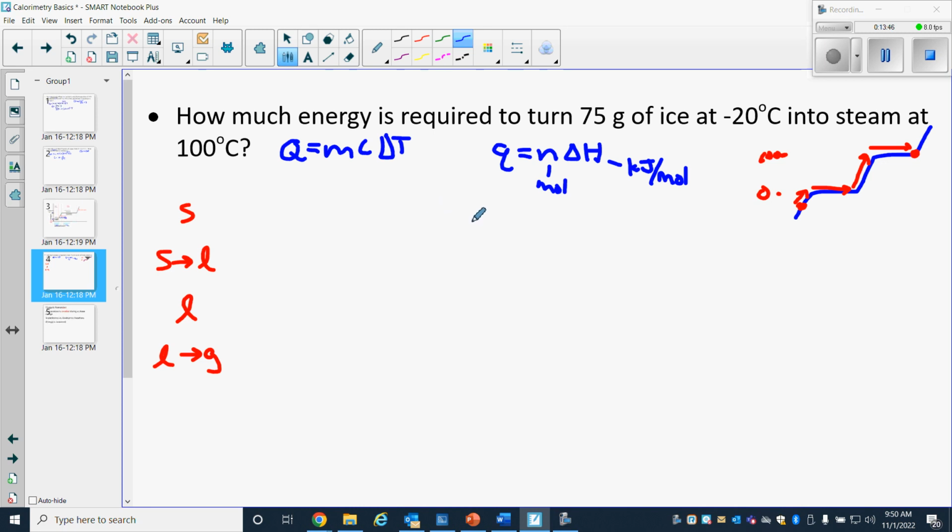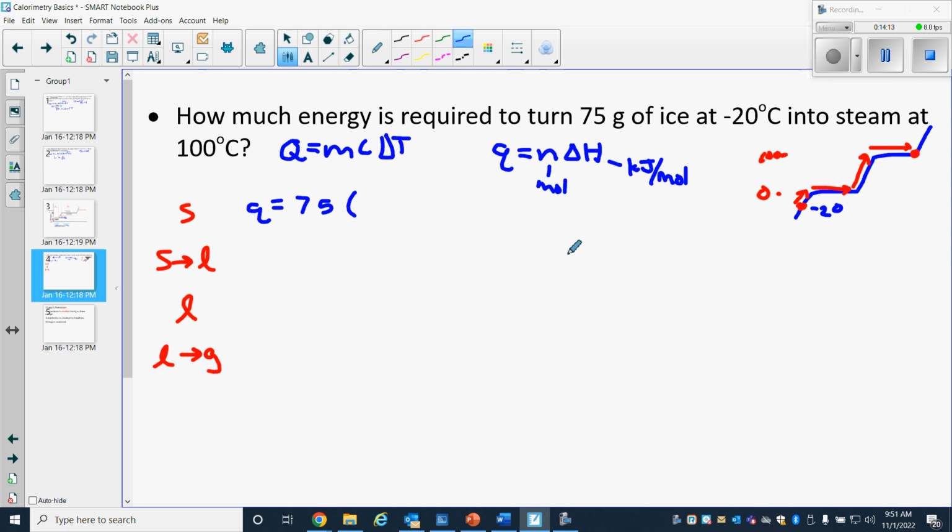So let's look at solving these. First step we said we have is the solid step. We're starting at -20, and we have to heat up the solid, and solids only go up to 0. So we're changing temperature, so we have to use that first equation, Q equals MC delta T. Our mass, we said, was 75 grams.